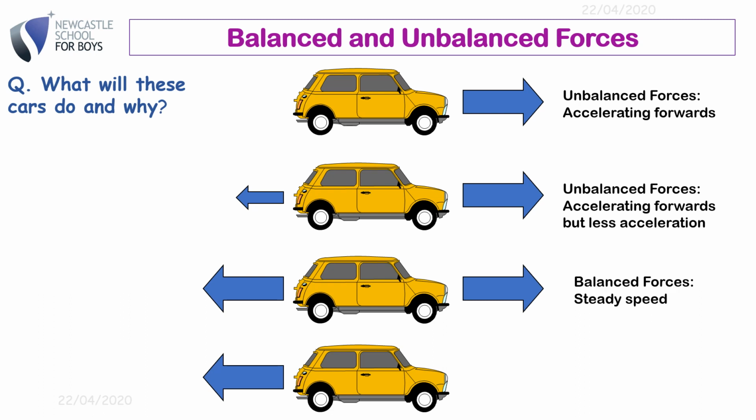In the third one, you can see the arrows are the same size, but in opposite directions. So it will stop accelerating and move at a steady speed. If you take your foot off the gas, as in the last one, and put your foot on the brake, you will start to slow down or decelerate. Again, draw this in your book, please.